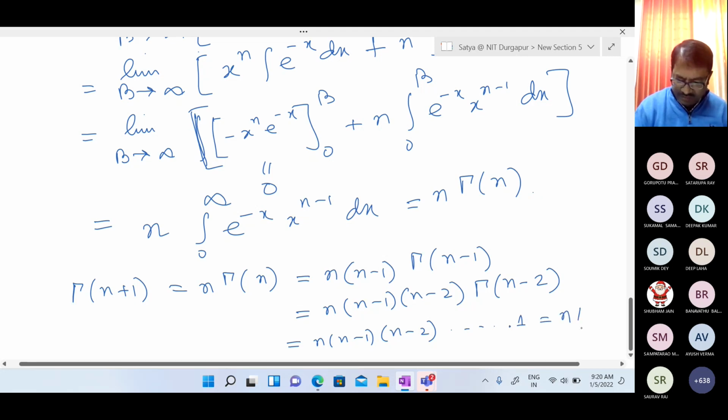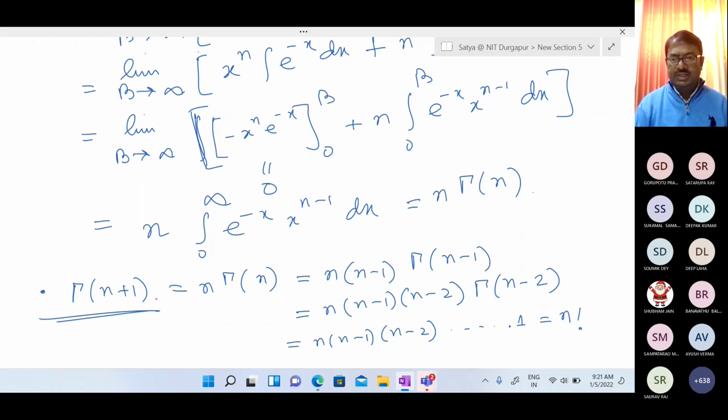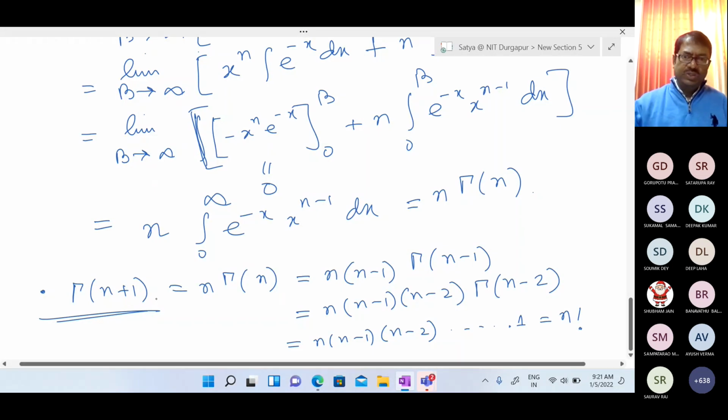This is actually the factorial. So this property is true: for a positive finite integer n, gamma n plus 1 equals factorial n.